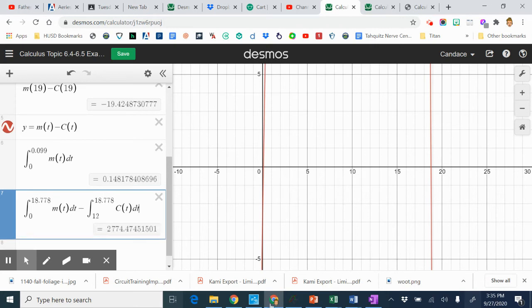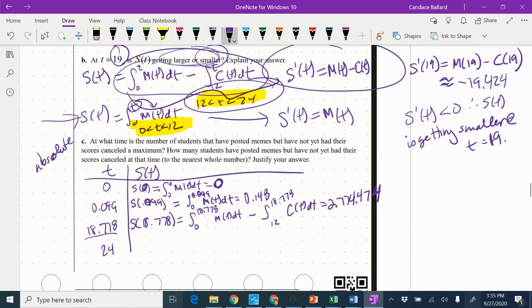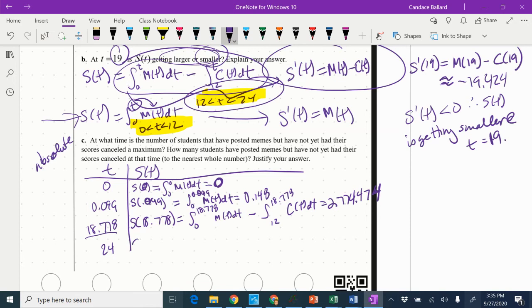So I got 2,774.474. All right, finally, I am going for S of 24, which is going to fall into the same category as the last one.